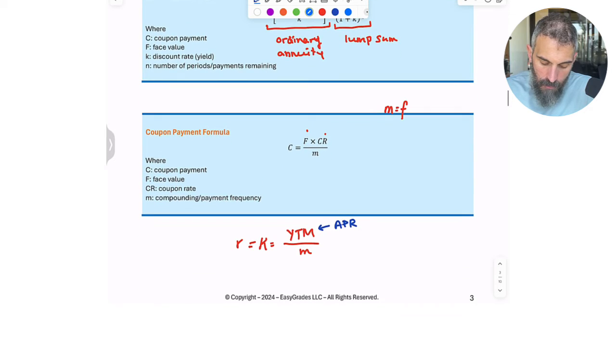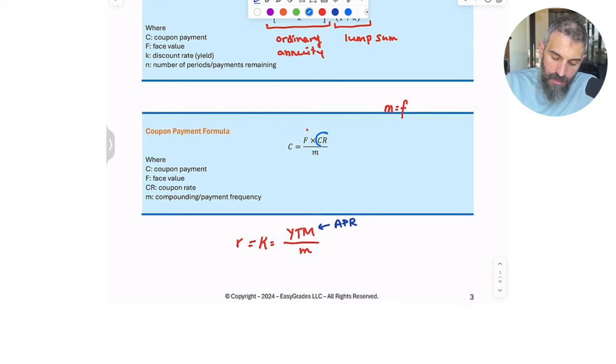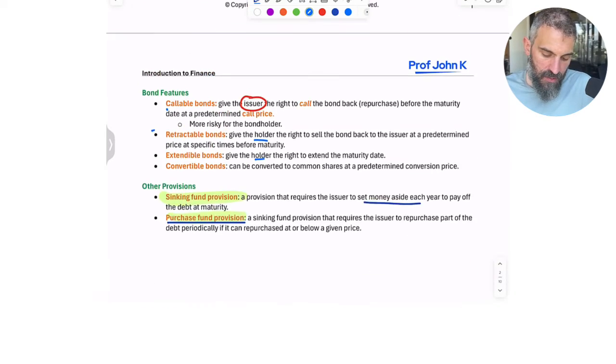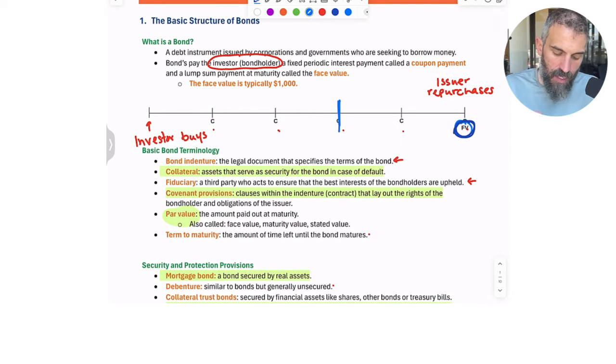So the coupon rate. You see it here as part of this formula, but I want to talk about what that is. The coupon rate has a single function. First of all, it's determined by the issuer. So if you remember when I started here, I said the issuer determines what the face value is, what the length of the bond is, and what these payments are, right? What are the periodic interest payments?